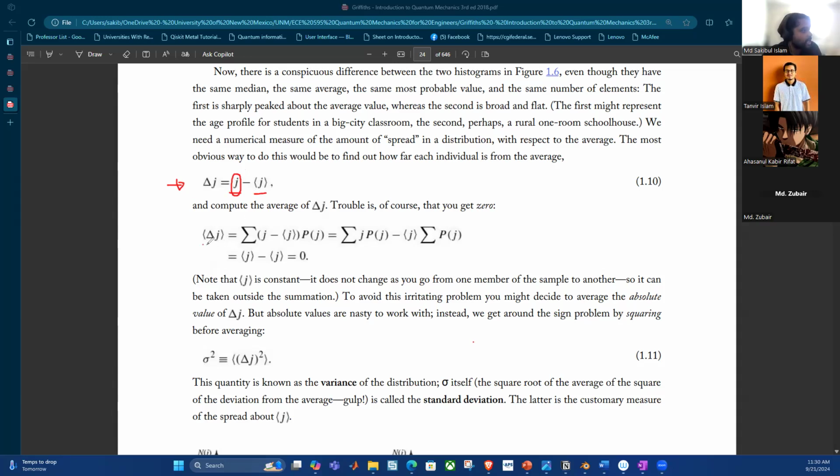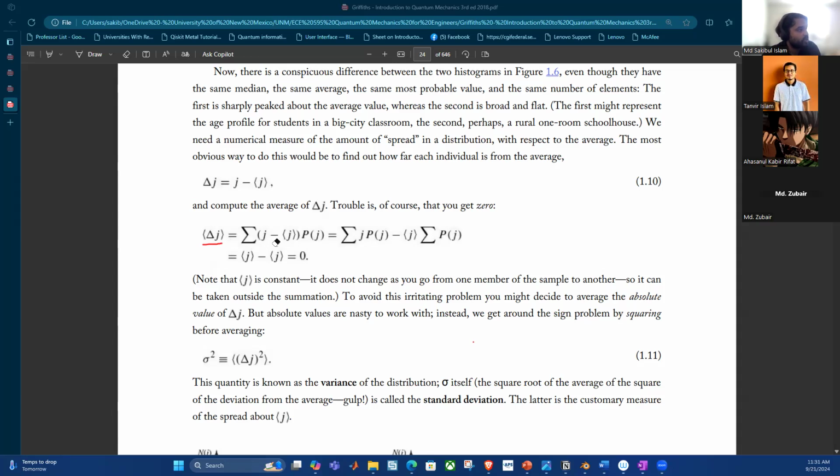So let's try to do the average of this. Like we said, this is our function: j minus the average of j, that is how far it is from the average, times the probability of finding that particular value of that variable.